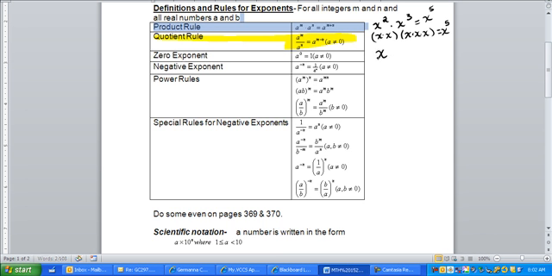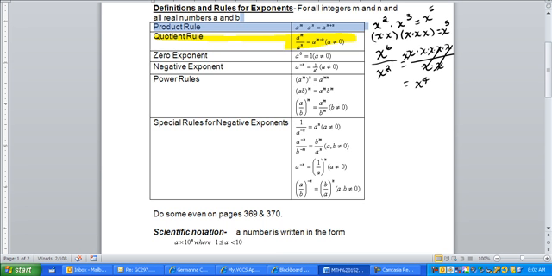So if we have x to the 6th divided by x squared, we're going to have 6 factors of x in the numerator, and then 2 in the denominator. 2 of those cancel out, and we have 4 factors of x left in the numerator. So x to the 6th divided by x squared is x to the 4th. The shortcut is to take 6 minus 2 to get 4.